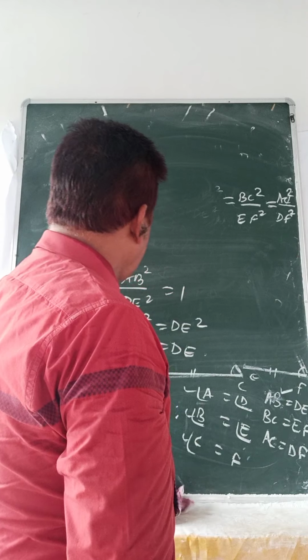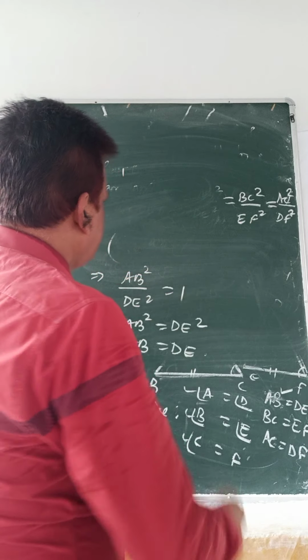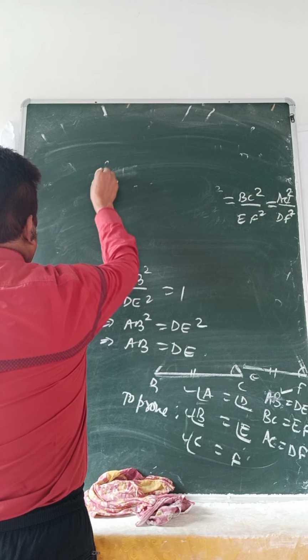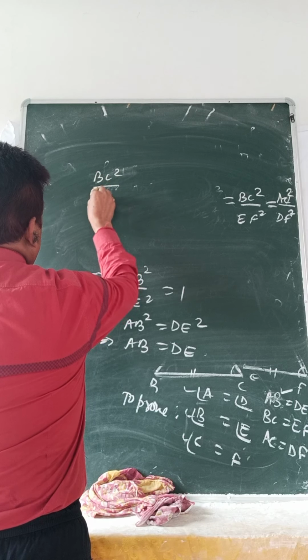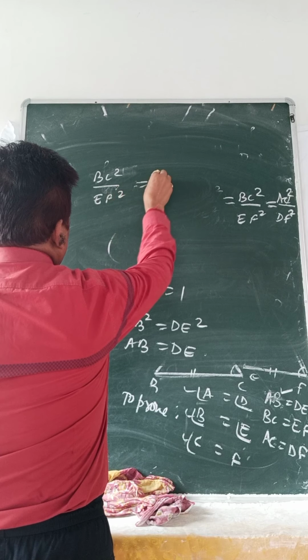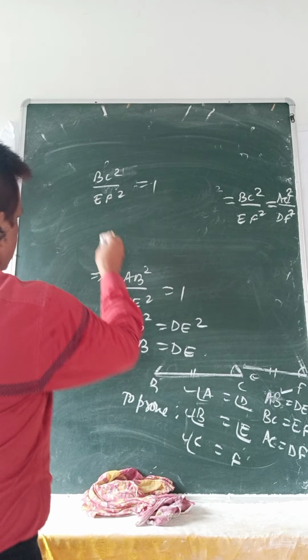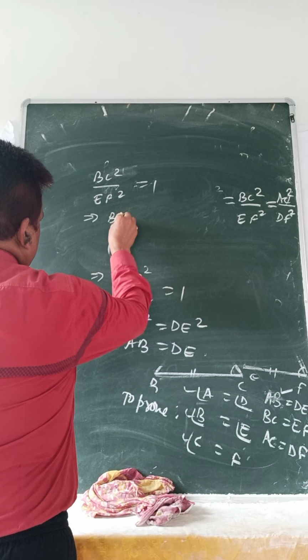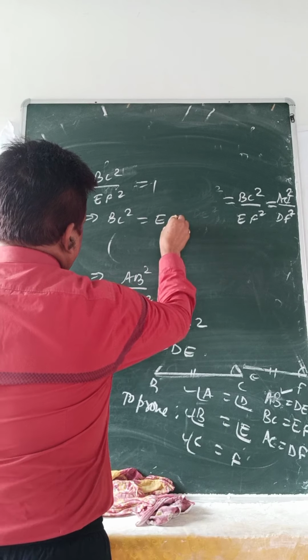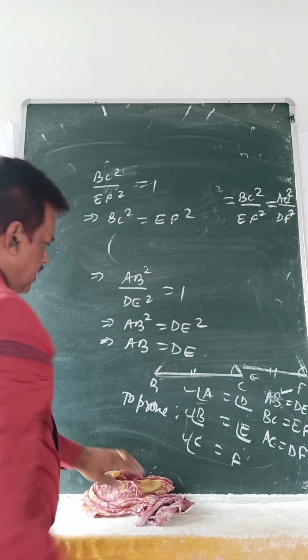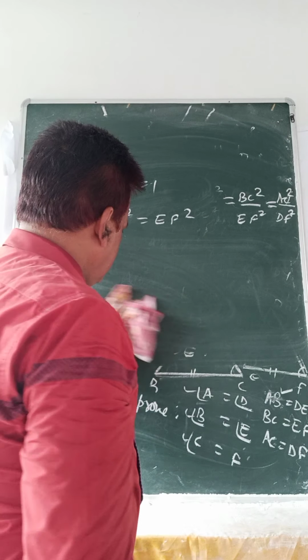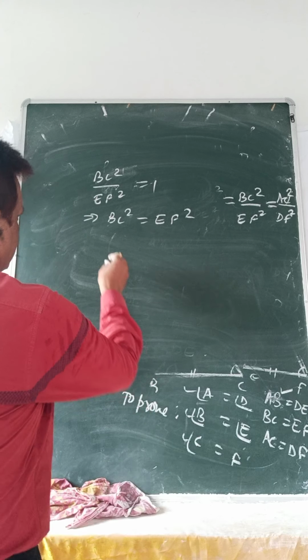Then also you write BC square by EF square equals 1, because every ratio will be 1. Implies BC square is equal to EF square. Taking square root, what will it be?